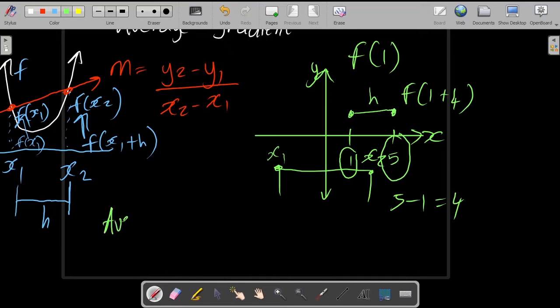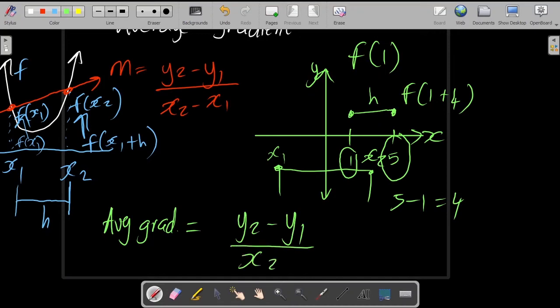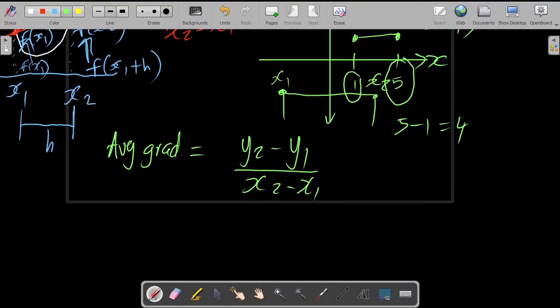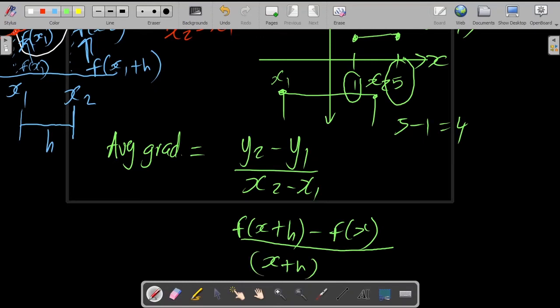So the average gradient would be y2 subtract y1, which is the same principle as you did in functions. And now writing it in this new form, it will basically be a point which is h units away, and a point, you can call it the original point if you want, and then divided by the x value, subtract the original point.